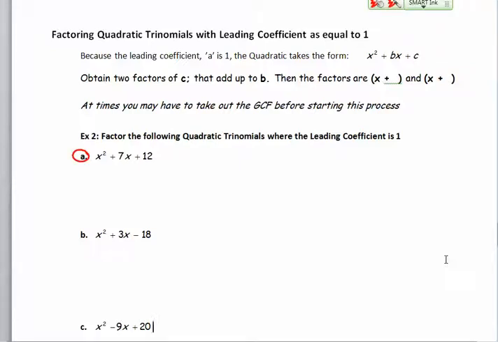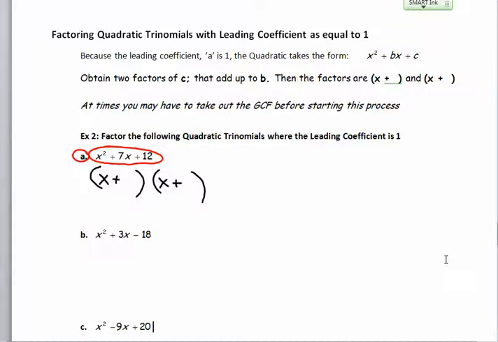When I'm factoring this trinomial, I know I'm going to end up with two expressions in parentheses that, if I multiply them together, will give me this trinomial up here. And since my a is equal to 1, I know I'm going to have an x over here and an x over here. It's going to be x plus or minus some number and x plus or minus some other number. I just need to figure out what those numbers are.